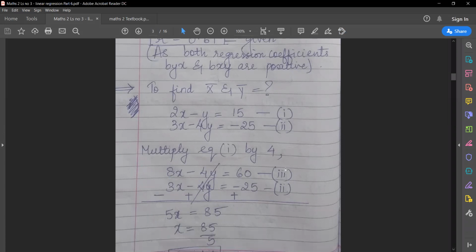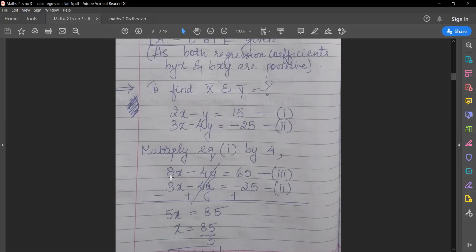So as you have seen class, I have arranged the equation in a systematic form. That is keeping x first, y later equal to the constant number. So whenever you have to find the value of x and y, that is x bar and y bar, arrange the equations properly and then solve it simultaneously. So I have multiplied equation 1 by 4 because I am making y as same.